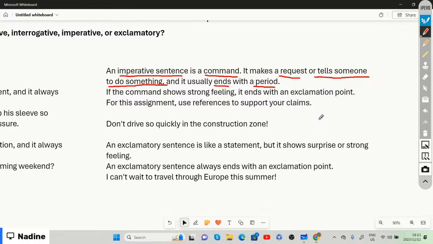And then we have an exclamatory sentence, right? An exclamatory sentence is like a statement. Remember, a statement is basically where you just say something.